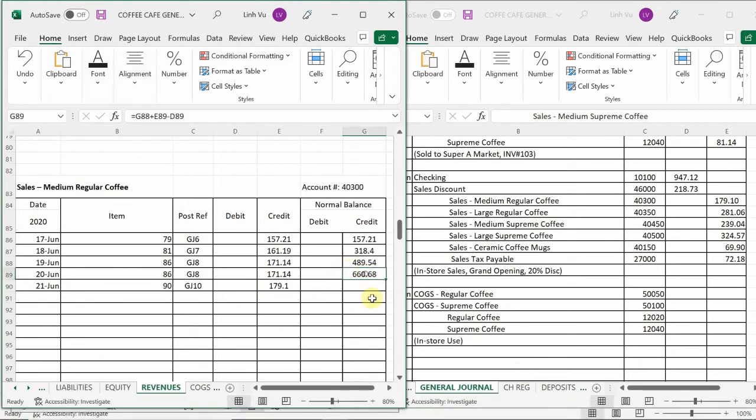So what's my account balance now? $839.78.